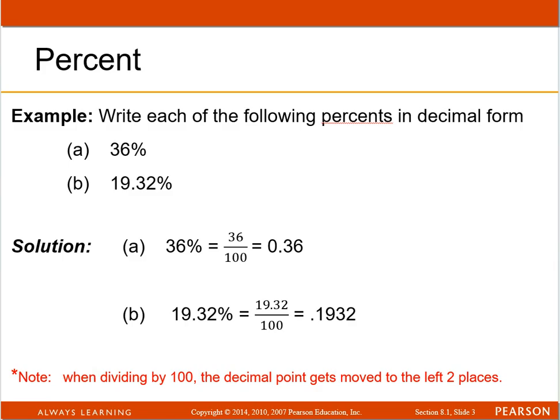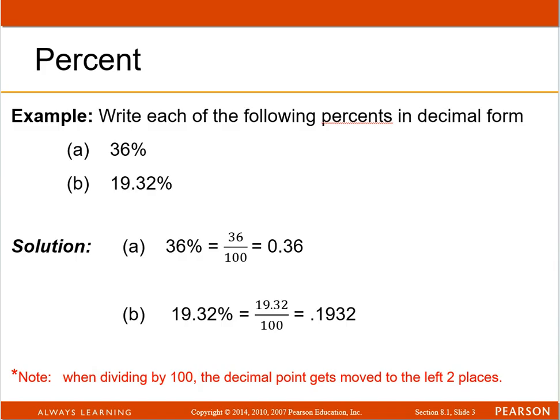So to change it into its full-on decimal mode, you would have to take the 19.32 and divide it by 100. And that's going to convert it to 0.1932. Because all percentages come out of 100.